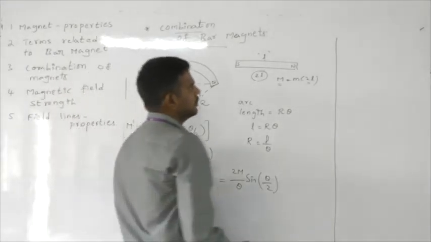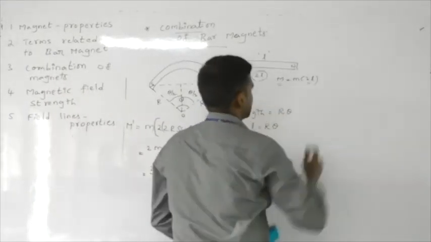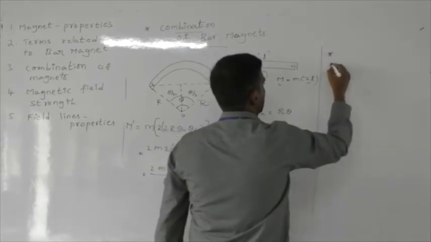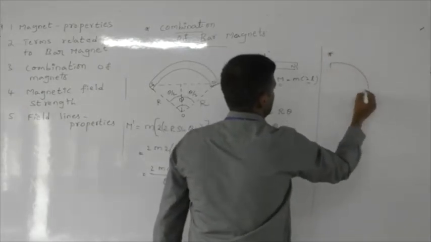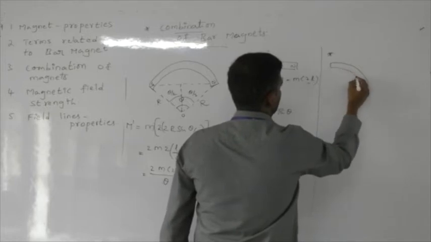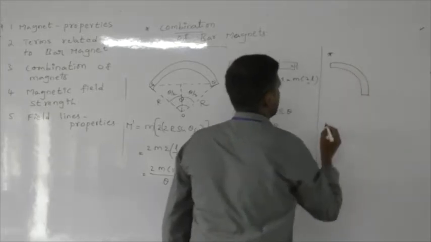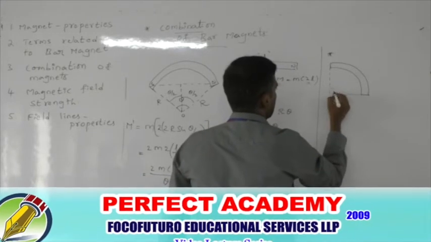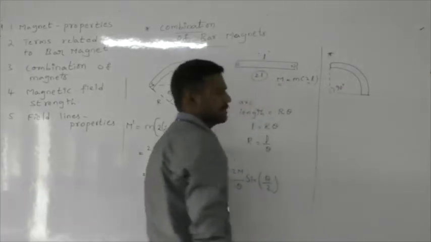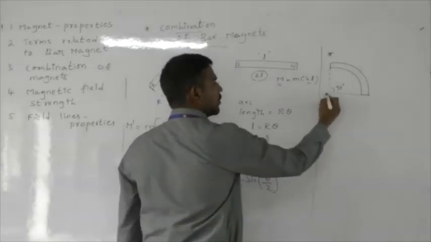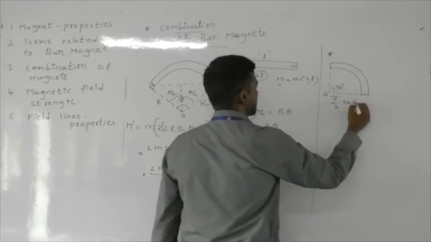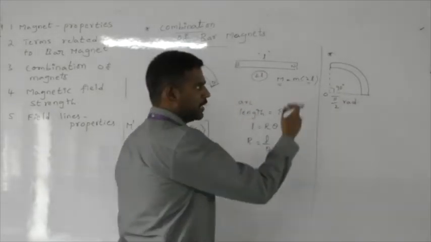Well, let us assume I have a magnetic needle which is bent like this. Therefore, what could be this angle now? 90 degrees only, right? So, what is the angle subtended by this magnetic needle at the center now? 90 degrees, which equals pi by 2 radians. Done. Then what is going to be the new magnetic moment now?